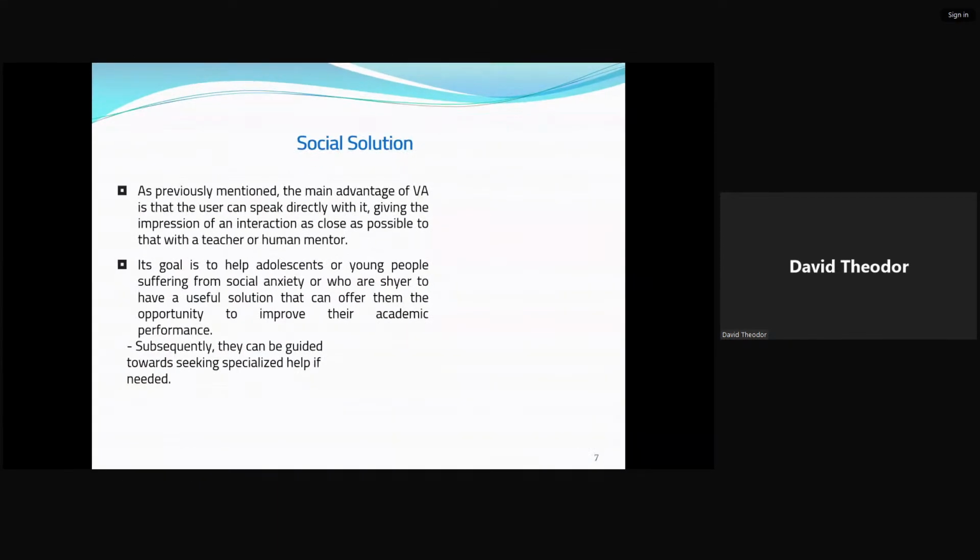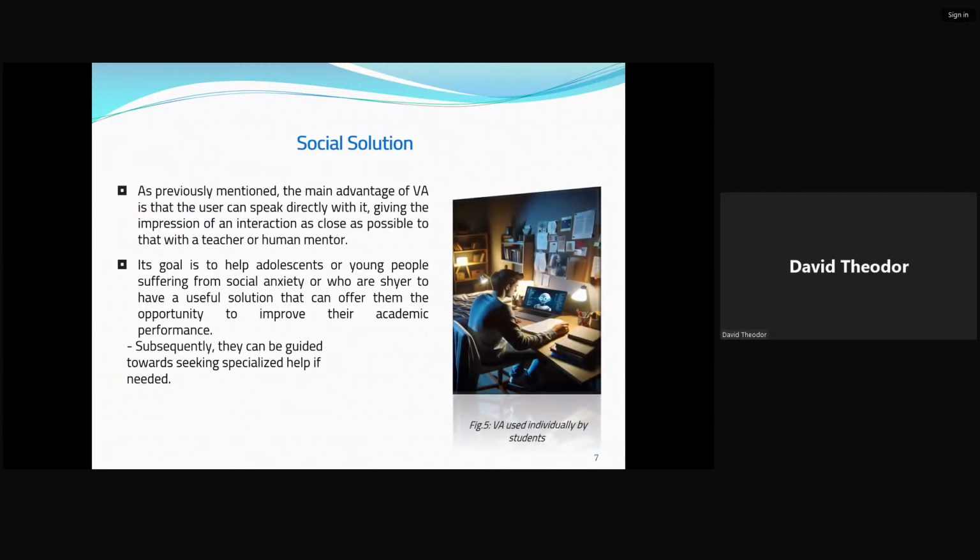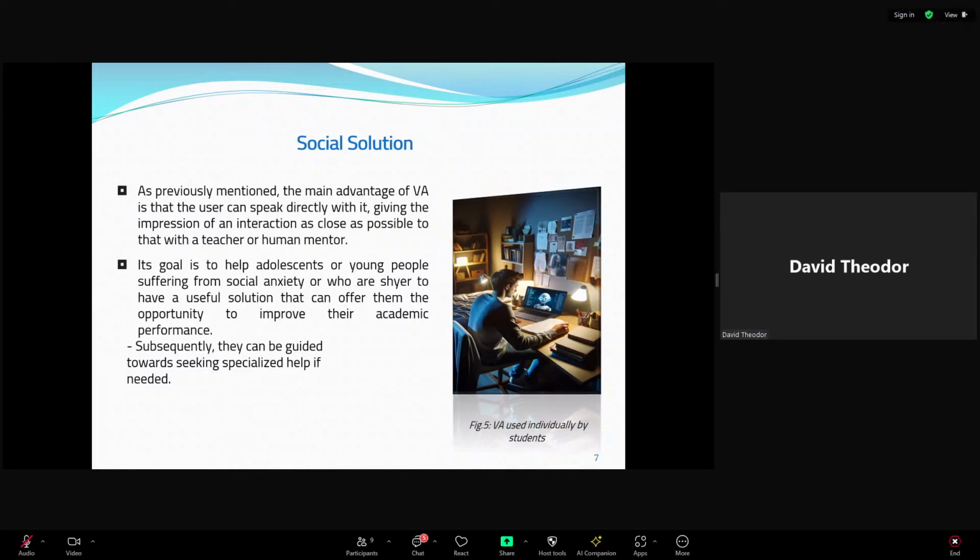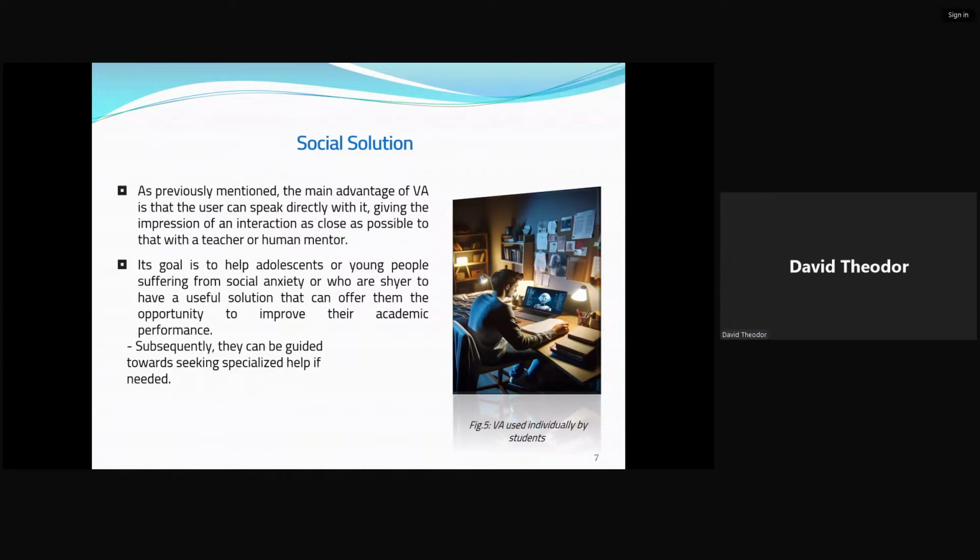For the social solutions, as previously mentioned, the main advantage of this VA is that the user can speak directly to the assistant, giving the impression of an interaction as close as possible to that of a teacher or a human mentor. Its goal is to help adolescents or young people suffering from social anxiety, offering a useful solution that gives them the opportunity to improve their academic performance.